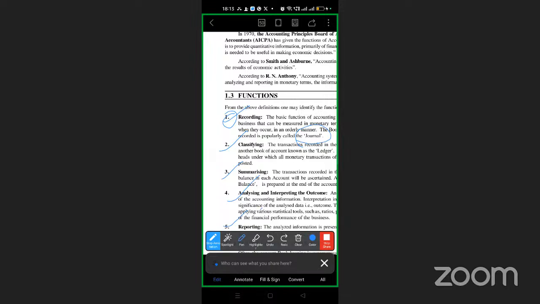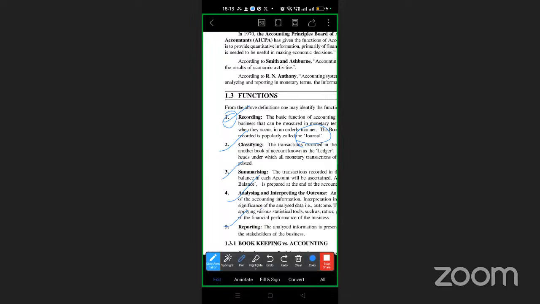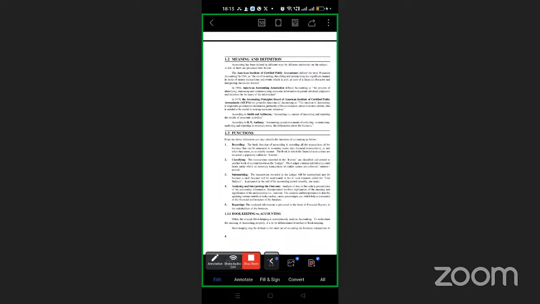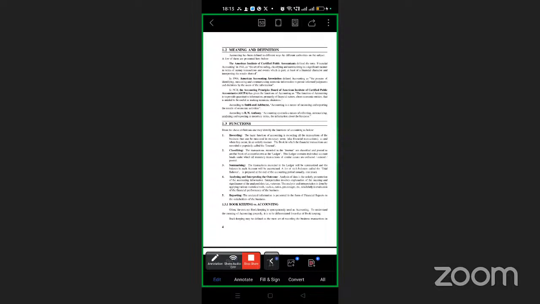Next I am summarizing. First I write, then classify. Whatever I record, I call journal entries. Whatever I separate or segregate, I call the ledger.